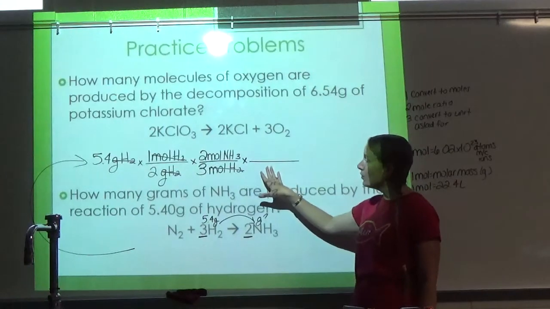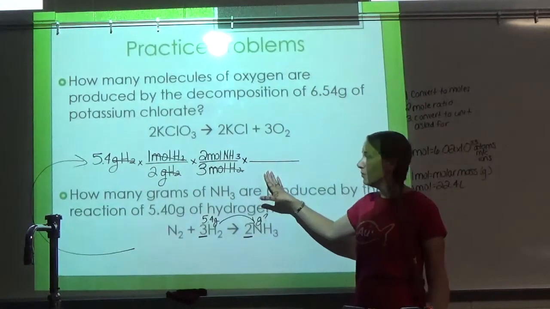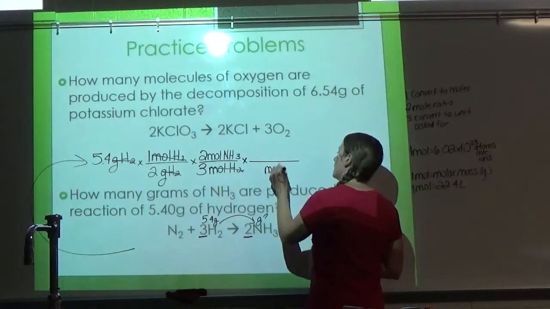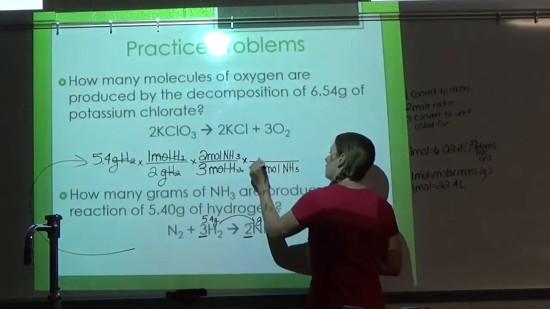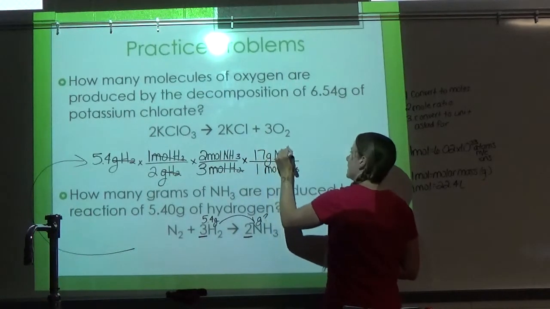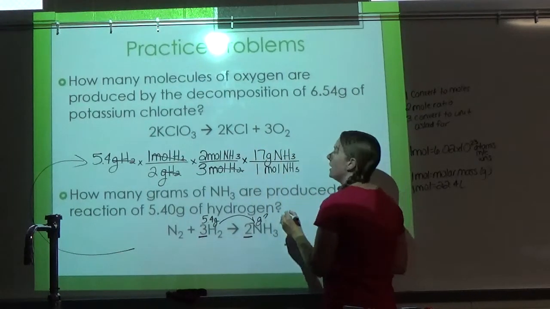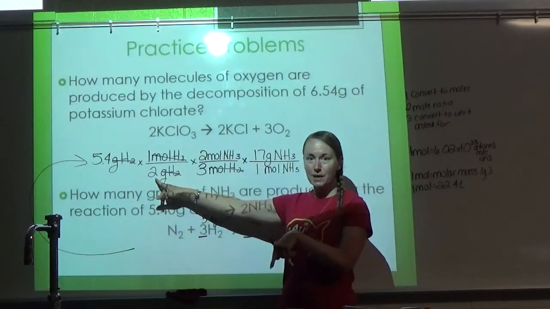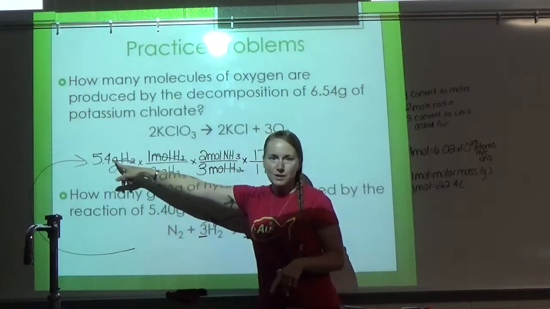Does 1 mole or 17 grams go on bottom? We follow the golden rule: moles of NH3 is on top, so 1 mole of NH3 goes on bottom, and that equals 17 grams of NH3. Some people get confused because on the previous step we had our molar mass on bottom, but that's because we had grams up here.